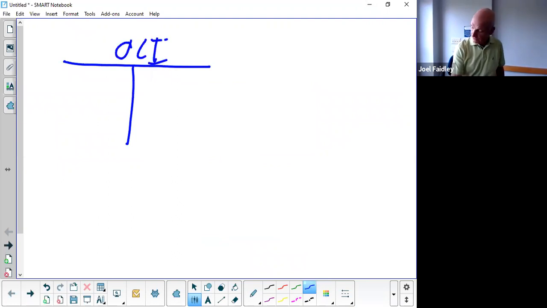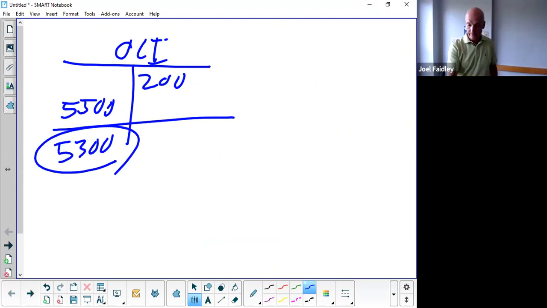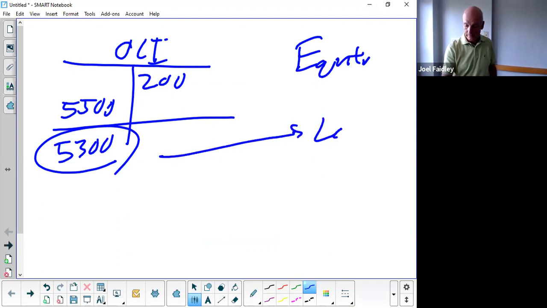OCI, you started with a $200 credit. You had a net $5,500 that we worked in that exercise, so that says you must end up with $5,300 debit. Debit OCI, that's an equity account. So that's a loss, right? Carry forward to the next term.